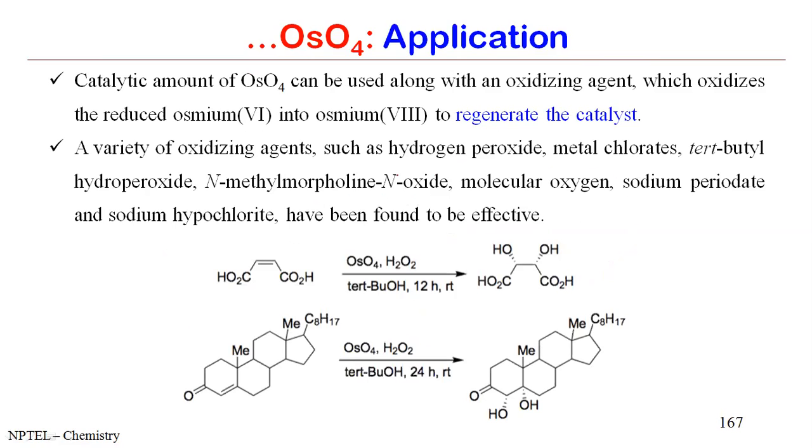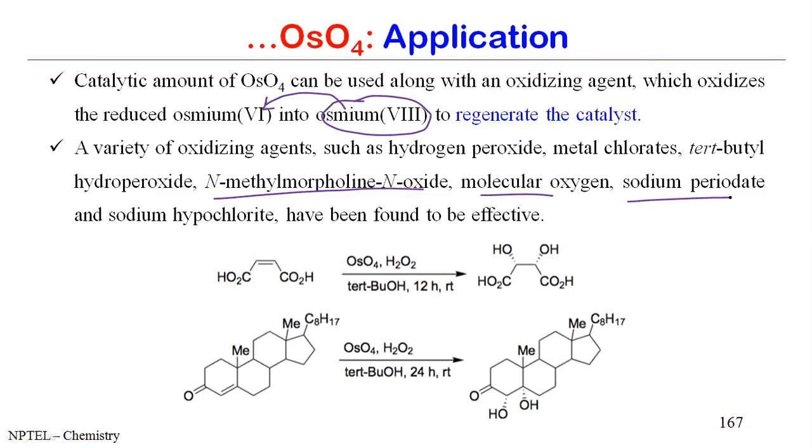One more thing which I would like to mention here is that we can regenerate our osmium catalyst, because we know that once we are treating osmium tetroxide with some alkene, then this osmium +8 is getting converted into +6 oxidation state, and therefore if we are using some oxidizing reagent such as tertiary butyl hydroperoxide and N-methylmorpholine N-oxide, which is called NMO, molecular oxygen, sodium periodate.